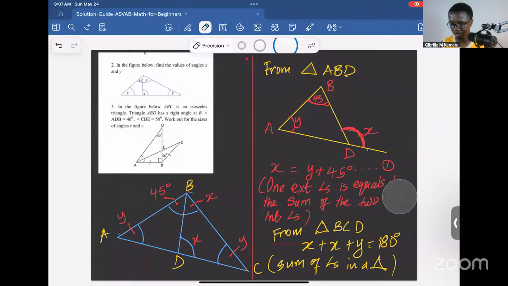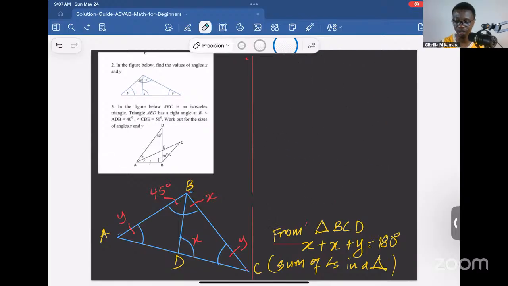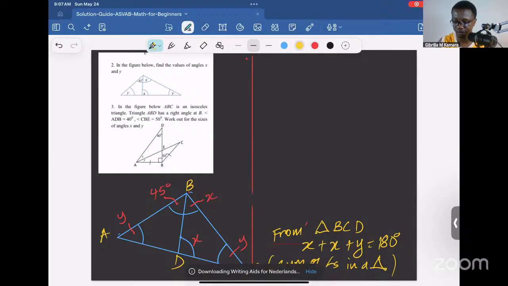Let me get rid of this. So remember we have X equals Y plus 45. This is equation 1.